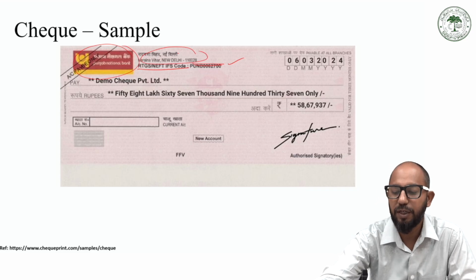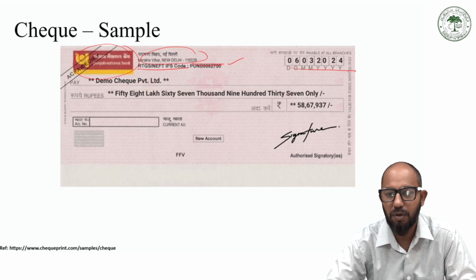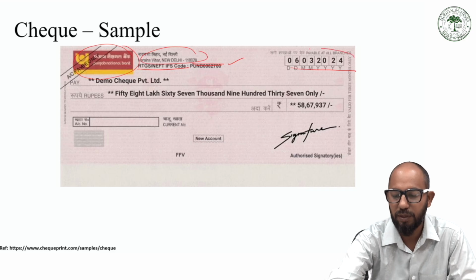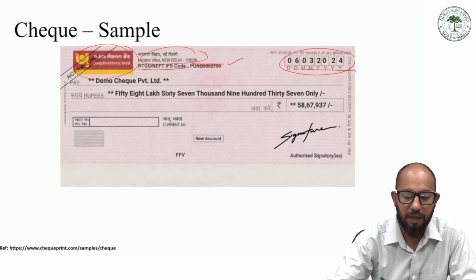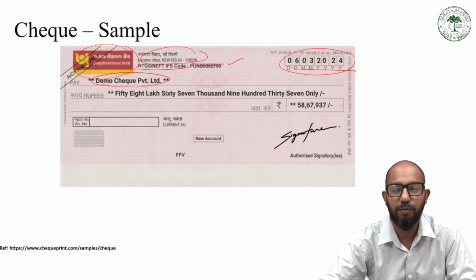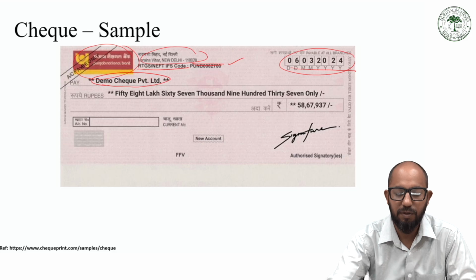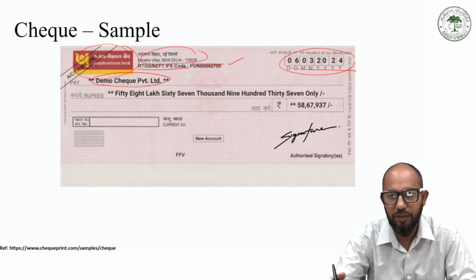You can see the date of the check is also given, when the check was drawn. It means on 6th March 2024 this check was prepared. It is to pay to the company. We have written Demo Check Private Limited because this is just a sample. So here you can write the name of the exporter. If the importer is paying, they will write the name of the exporter.